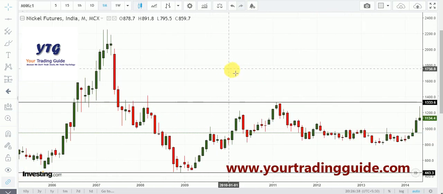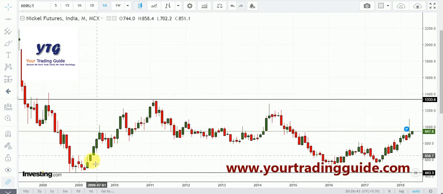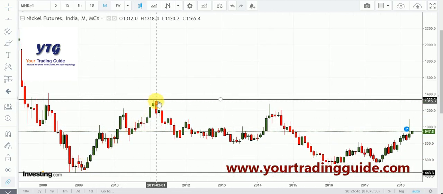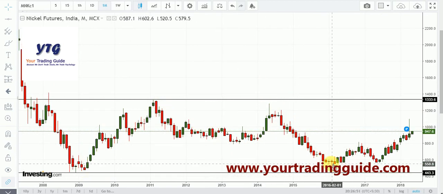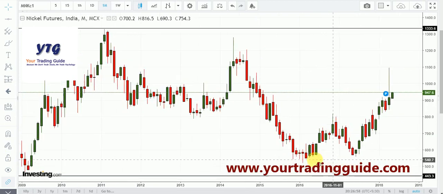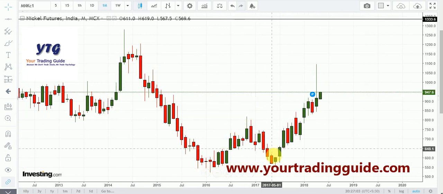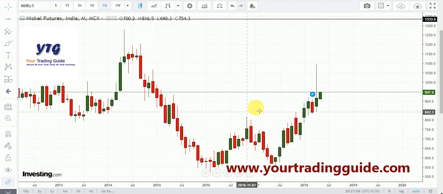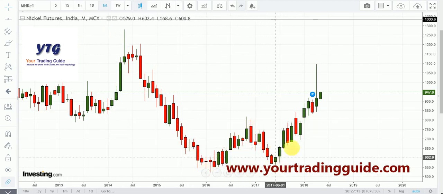Let's move on. After that it made a bottom and then again went up, then it retraced a little, then went up, and finally it came down again to this area where it had bottomed out. Looking at the recent price action, it has made a classical double bottom. This is a double bottom 2.5 months apart, one of the classical patterns that nickel has made.